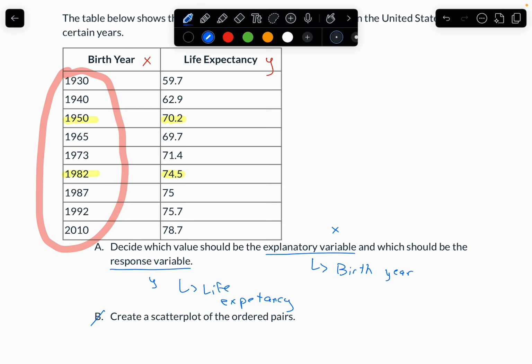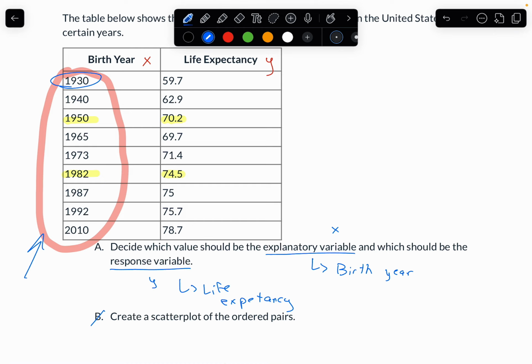What I'm noticing is that 1850 is significantly lower than even my lowest birth year of 1930, which means that our model is not necessarily going to be reliable. It's not necessarily going to be accurate for data values outside of this range. So this is an example of extrapolation, because the x value that we're using doesn't seem to match up with the x values that we have here.